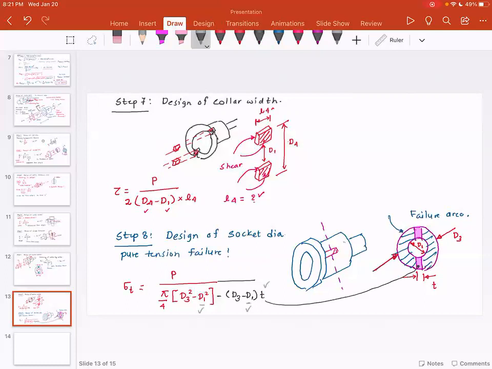The only unknown here is D3. So from this equation, you can find out the value of D3.